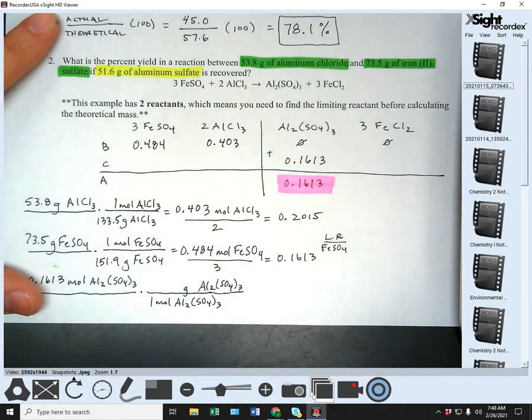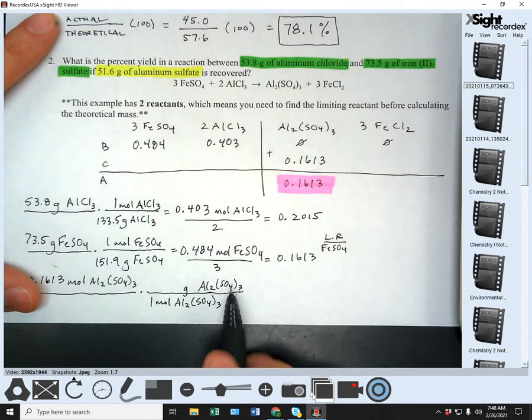So aluminum is 27. So 27 times 2 plus. Now the 3 goes to everything in the parentheses. It doesn't affect the 2 with the aluminum. It just affects everything in the parentheses. So we got 3 sulfurs. So we got 3 times sulfur is 32.1 plus, it goes 3 times 4, we've got 12 oxygen. So 12 times 16.